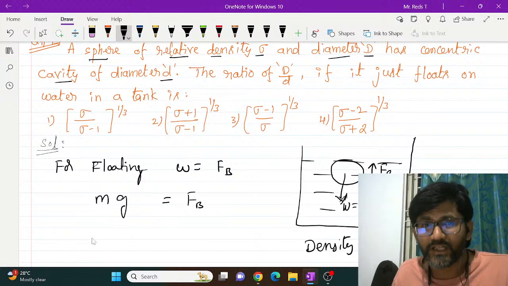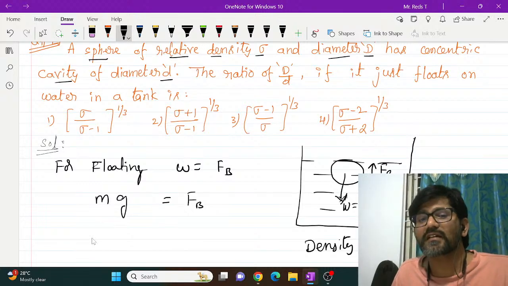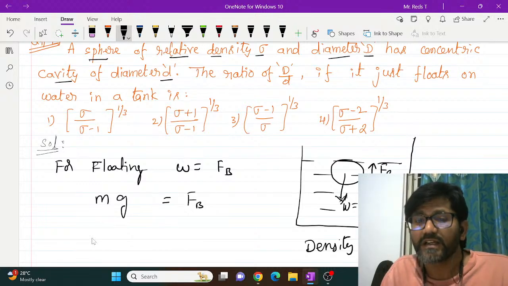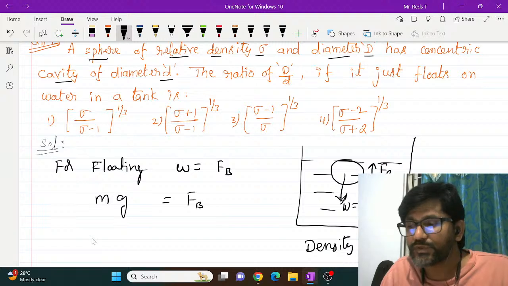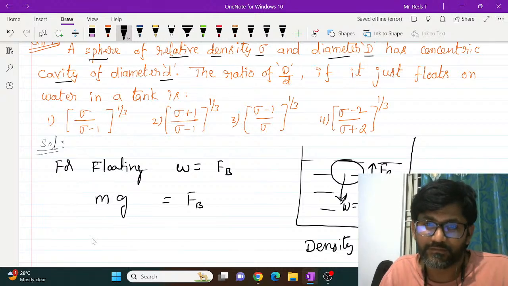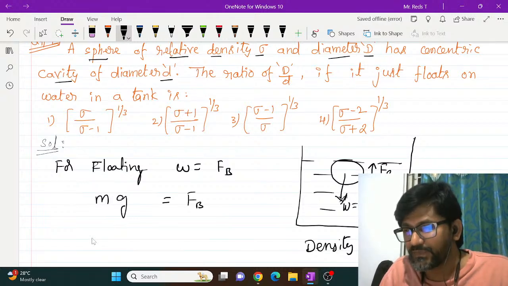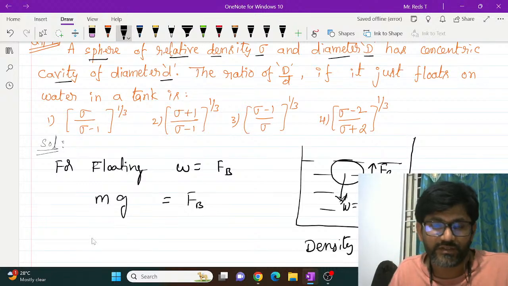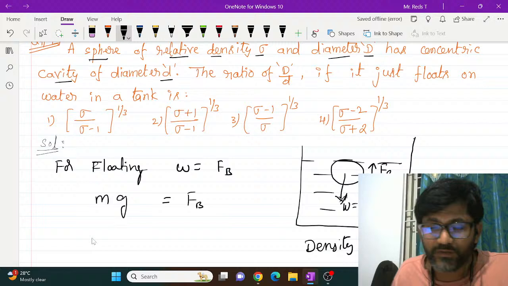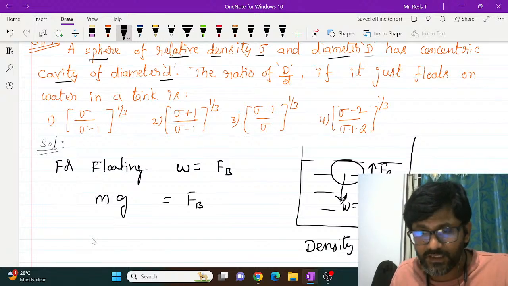Relative density of the body means density of the body by density of the liquid, especially water. Density of water, usually we take it as 1 unit in CGS units and 1000 kg per meter cube in SI units. So here you have to consider m is density into volume.